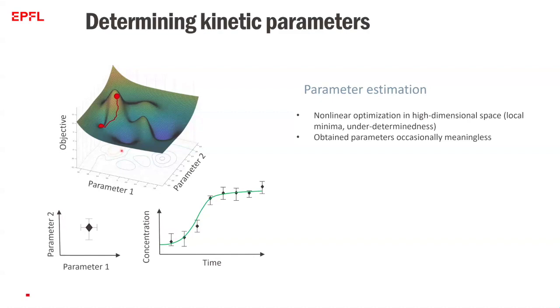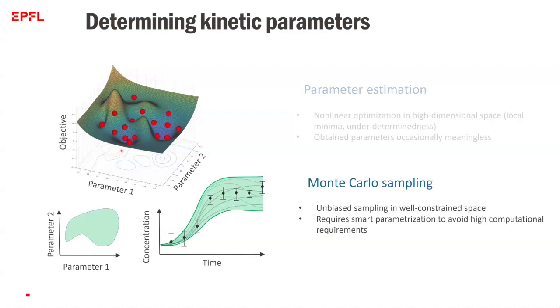Another approach that we are advocating is to do Monte Carlo sampling instead. So rather than choosing one initial point, we sample through the whole space of allowable outcomes. Then we probe each of these samples against observations, either cultivation curves or, as I mentioned before, omics data.